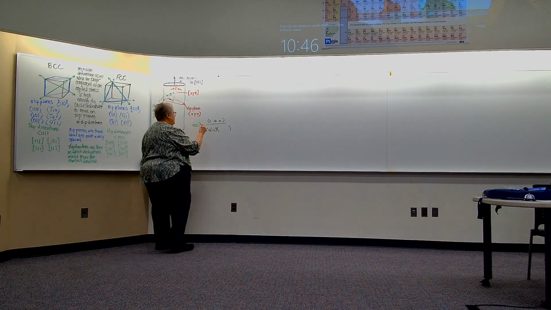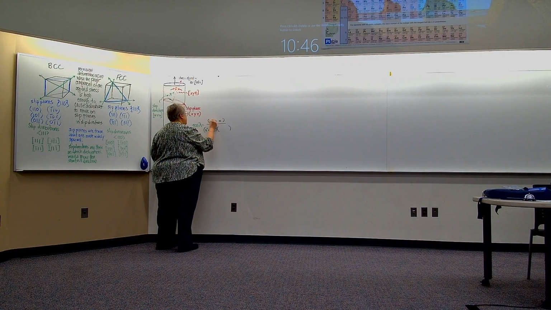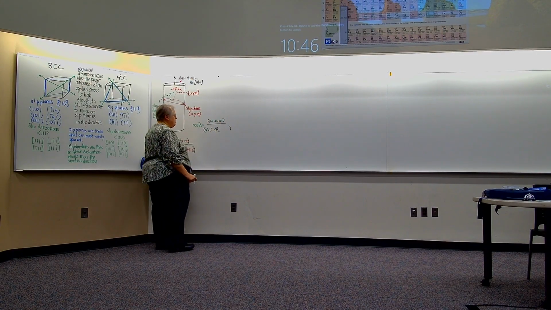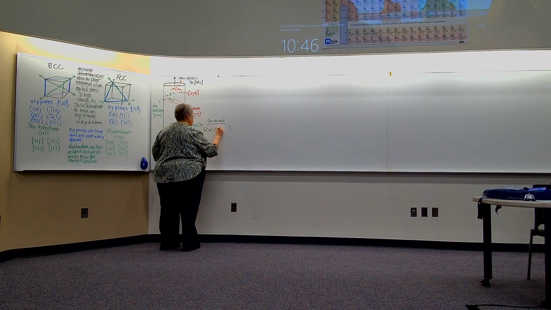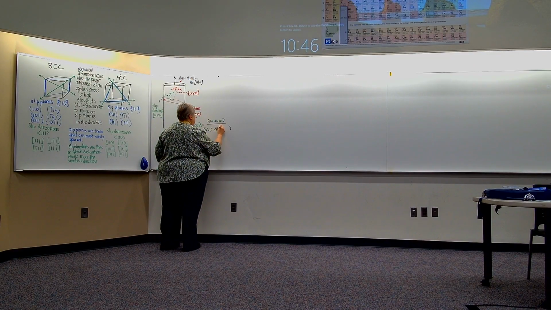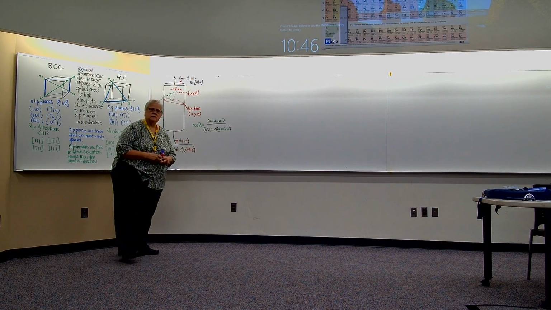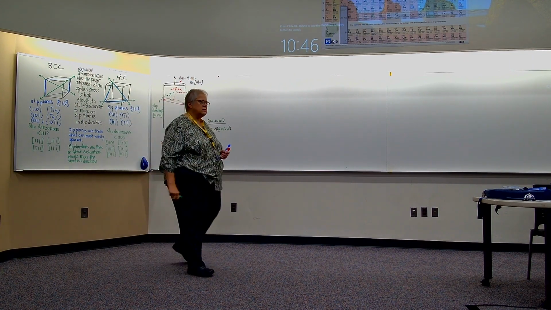So this is A times U plus B times V plus C times W. And those are values, those are integers. And then U squared plus V squared plus W squared.